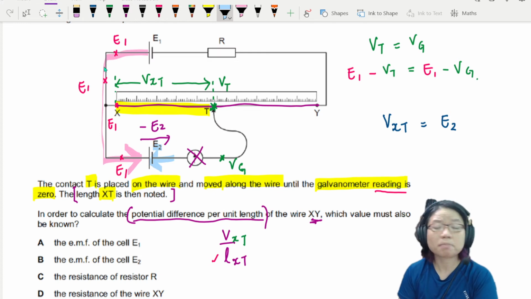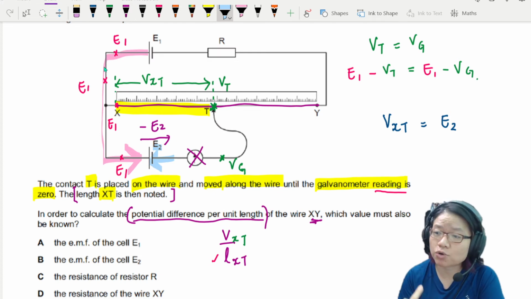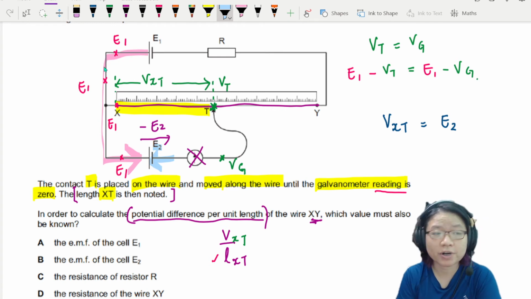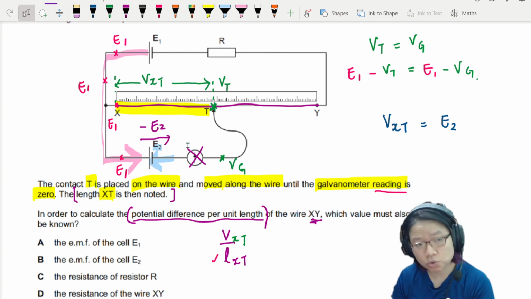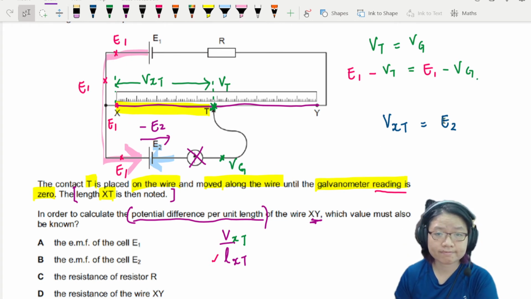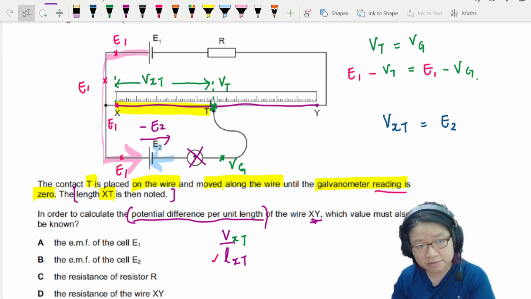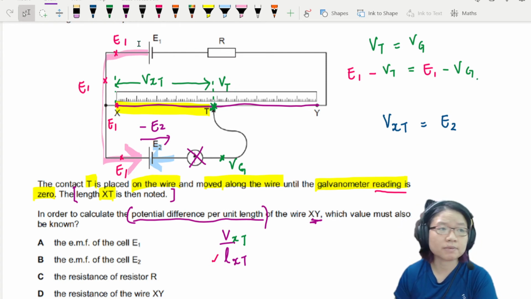That's why it is minus, because E1 has to do the extra work to overcome the EMF of E2. So at this point here, you have E1, you minus E2, you will get Vg. And at this point here is E1, you minus Vxt, you will get Vt. So in the end, this is what you will get.